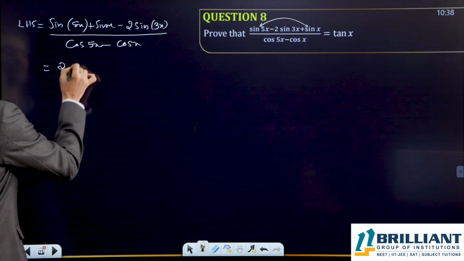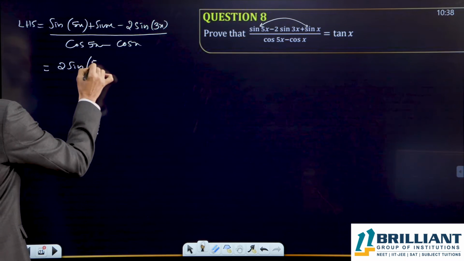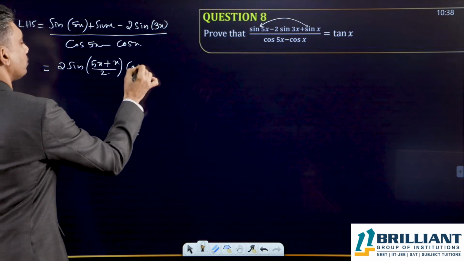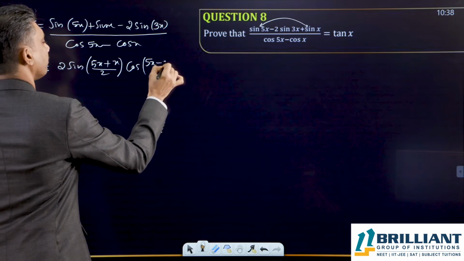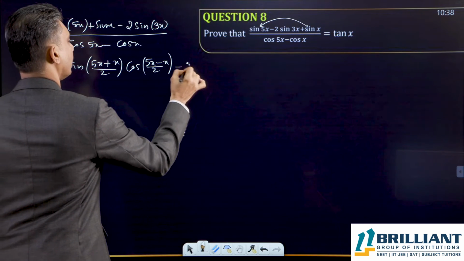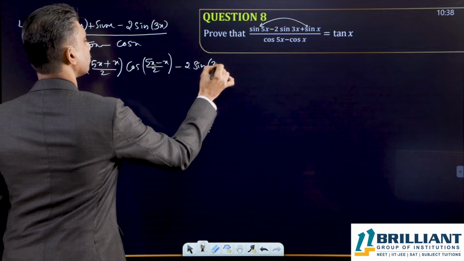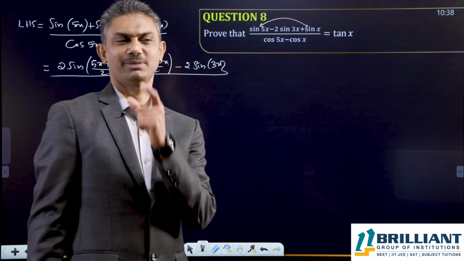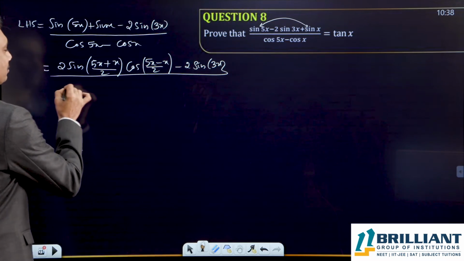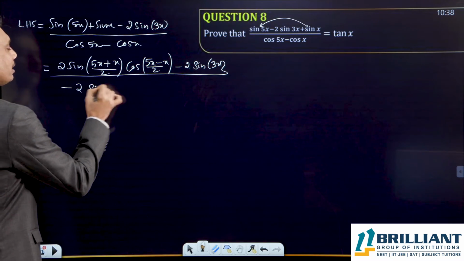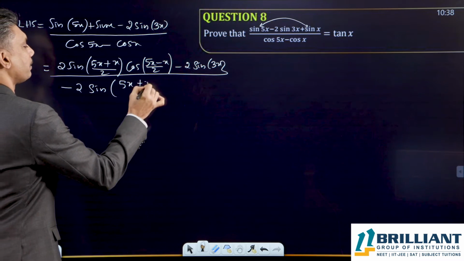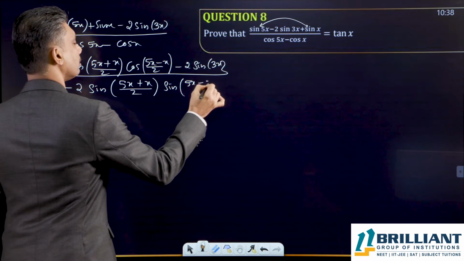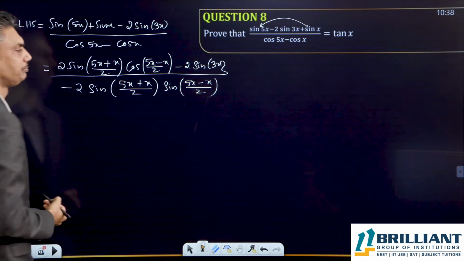So, this will be 2 sin, I will write the step, (5x plus x) by 2 into cos (5x minus x) by 2, minus 2 sin 3x, by, again, cos c minus cos d, minus 2 sin (c plus d) by 2, minus 2 sin (5x plus x) by 2 into sin (5x minus x) by 2.